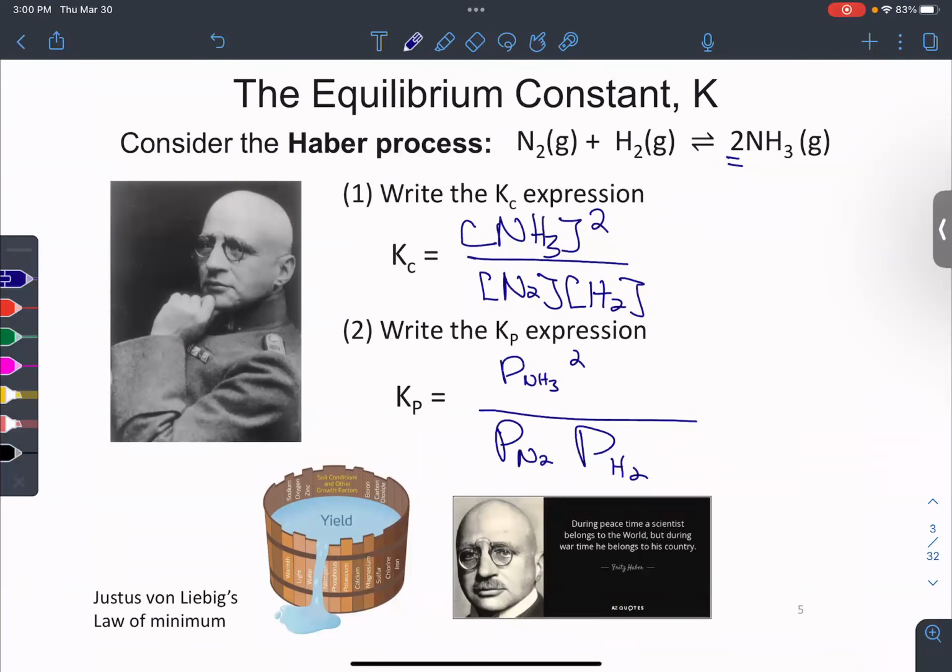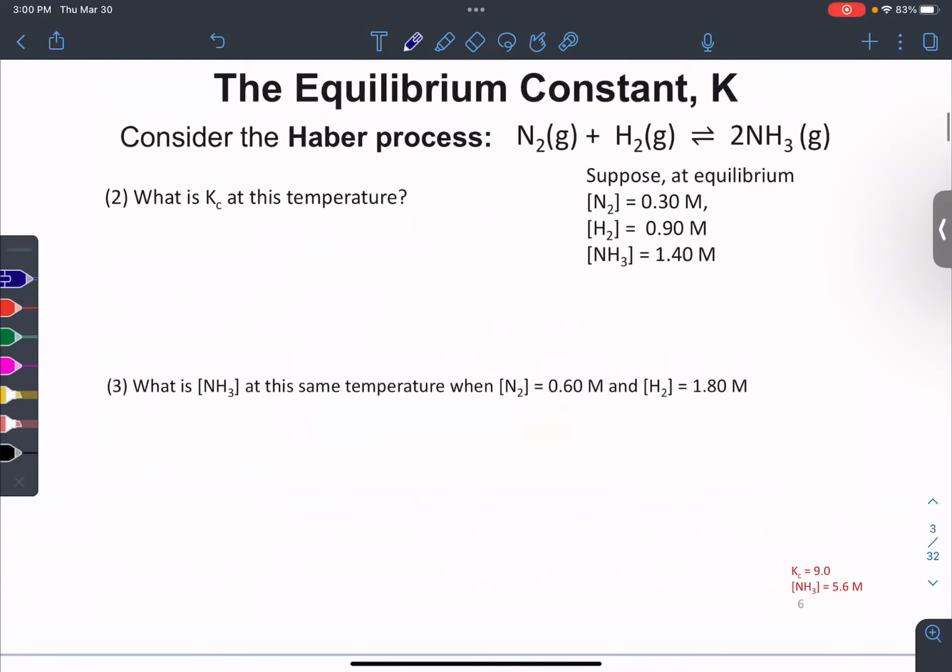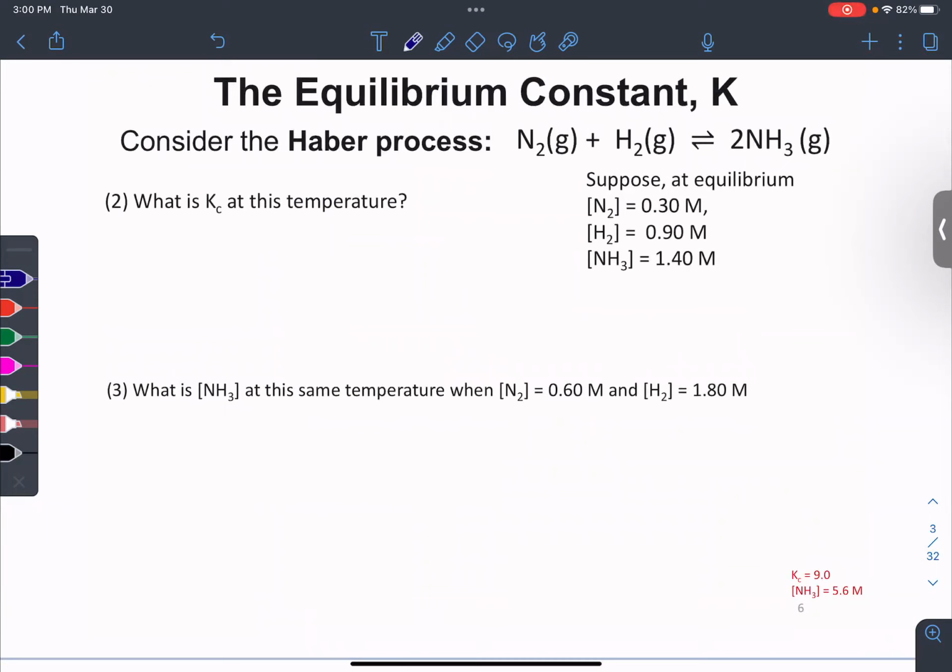So we see that it's basically the same, just pressures. Sometimes these values are different from one another for the same chemical reaction, and we'll see why in a little bit. Okay, so there's our favorite guy. All right, so let's do a couple conversions and then we'll move on to some cool stuff.